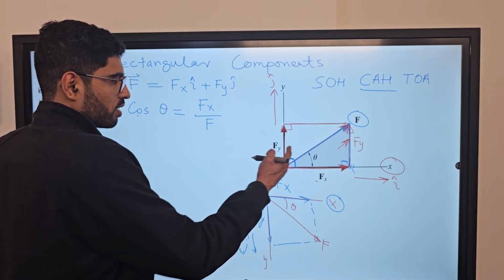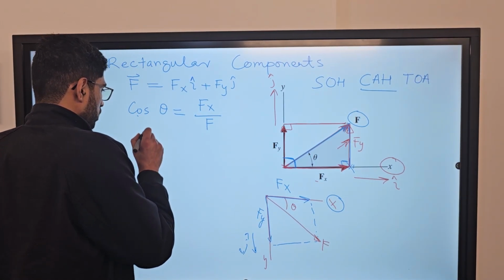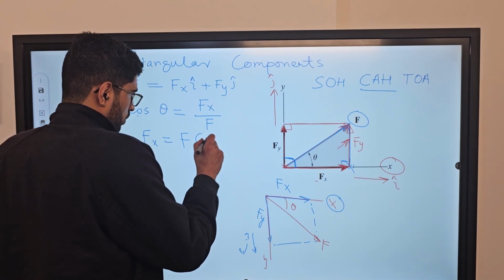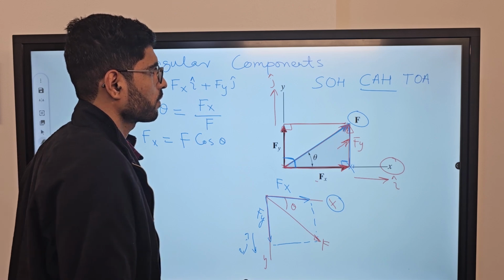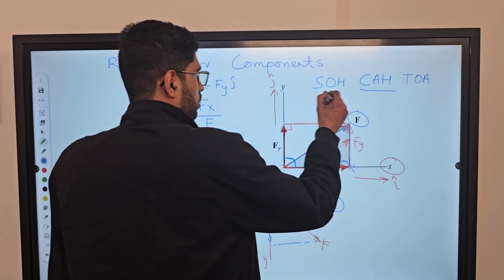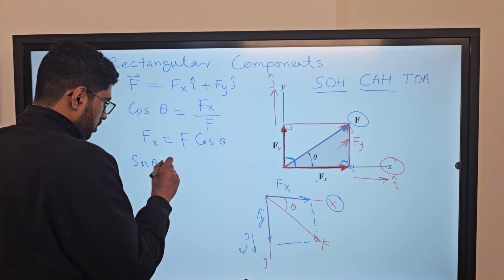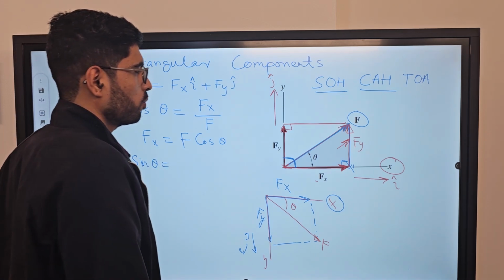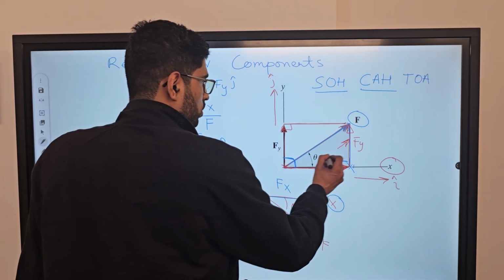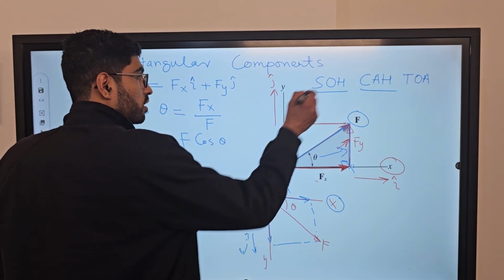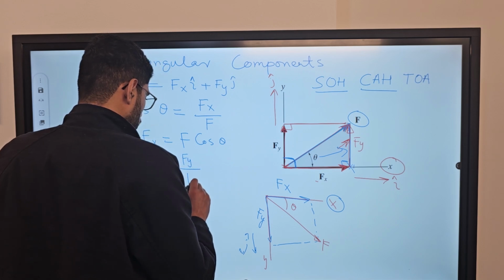So we can say that for this angle theta, f of x is equal to F cos of theta. And similarly, if we apply this, the sine of the angle is equal to the opposite, so the opposite is f of y divided by the hypotenuse, which is the force magnitude.